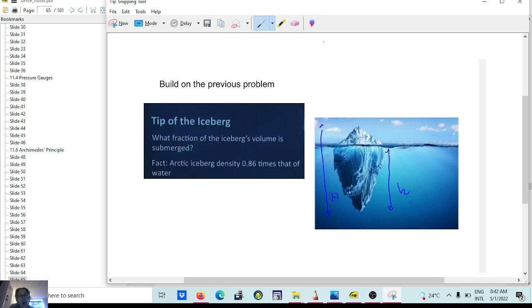So we have that equation here: the height equals the density of the floating object divided by the density of water. The density of ice is about, you know that ice floats, right? So it's about 86% of the density of water.